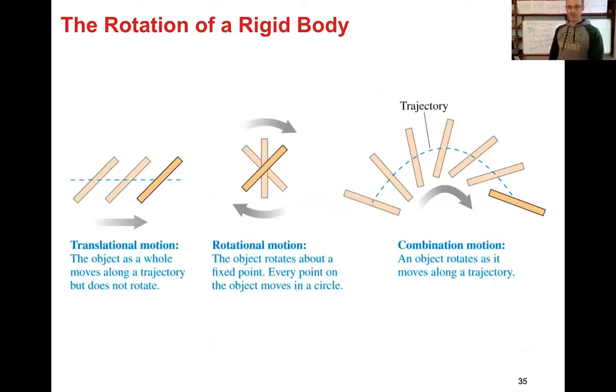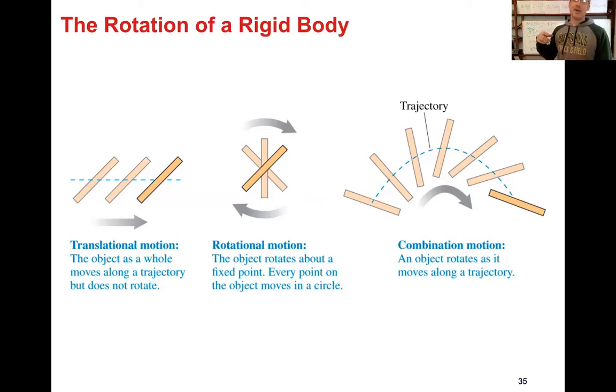And what's really interesting about that, and we'll expand on this idea next time when we talk about center of mass, is that rotating systems can be anything, right? So if I have this board and I rotate it, it's still rotating, and it follows that same idea where it's moving around a fixed point.